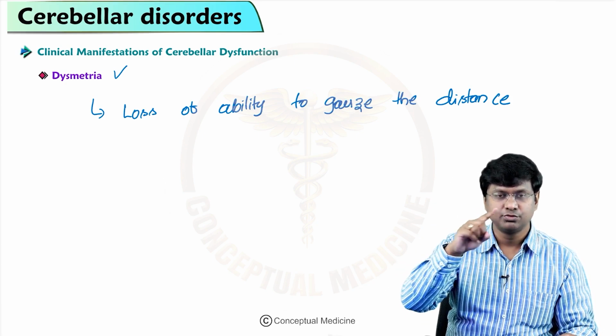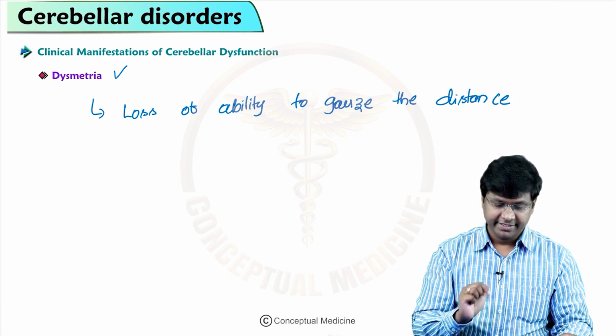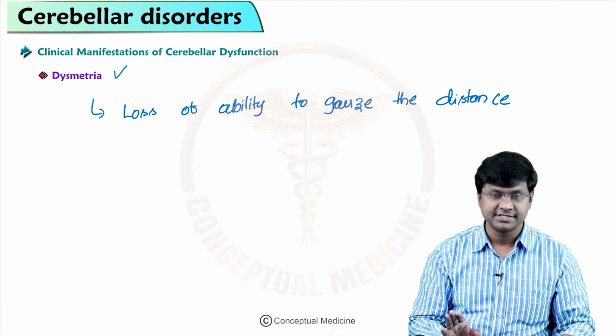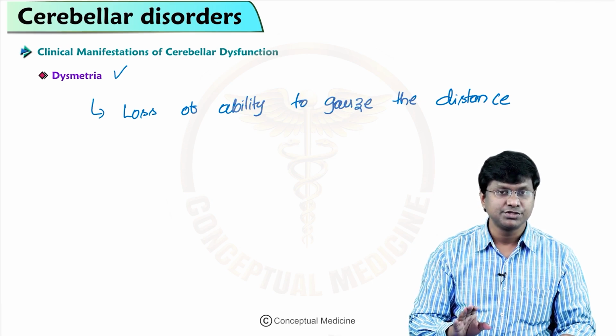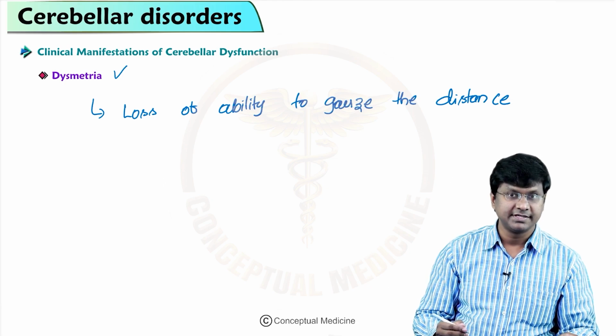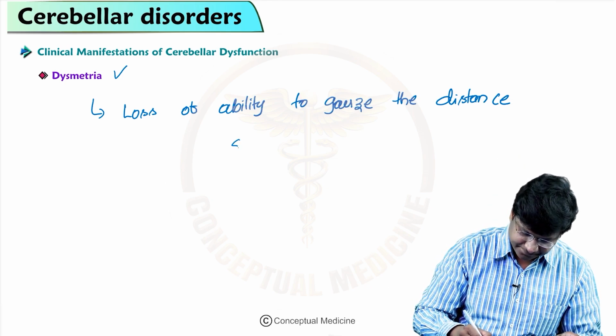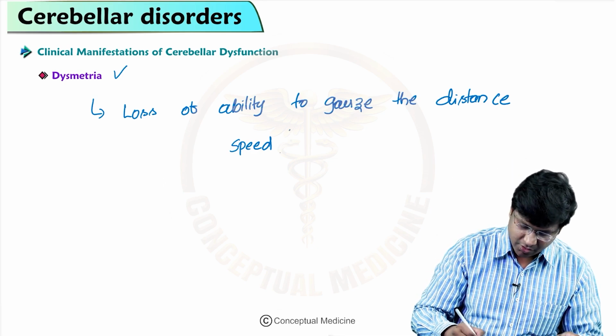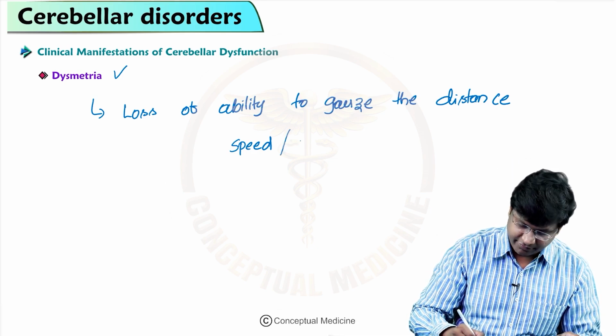He has to do these movements repeatedly. In patients with cerebellar disorders, there is loss of ability to gauge the distance, so the individual is not in a position to do the finger nose test. There is also loss of ability to gauge the speed and the power of movement.